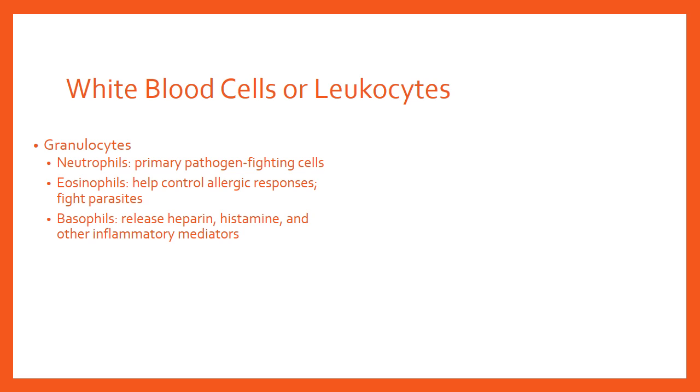The granules contain toxic or inflammatory mediators, and the granules make them different. When we stain those cells under the microscope, we can differentiate them from agranulocytes, which do not have these inclusions, which do not have these granules.